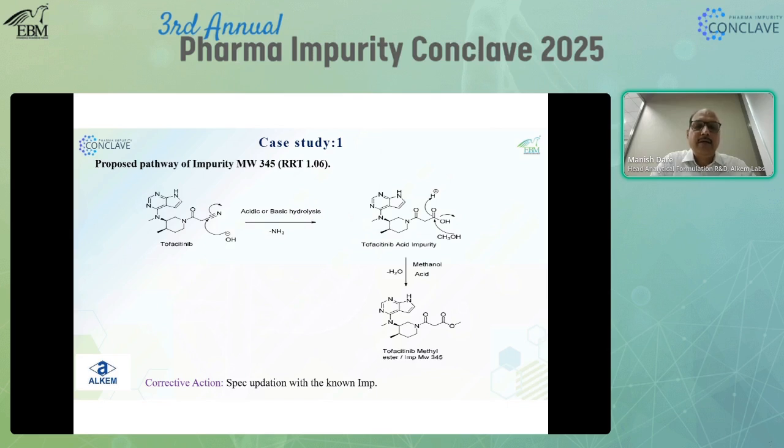During acid and base degradation, the amide group is removed and an acid impurity may form. In the presence of methanol, hydrolysis happens and the methyl ester impurity is formed. This is the prediction of this particular impurity with the help of the 345 mass.